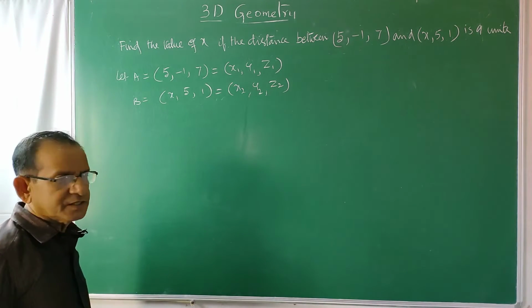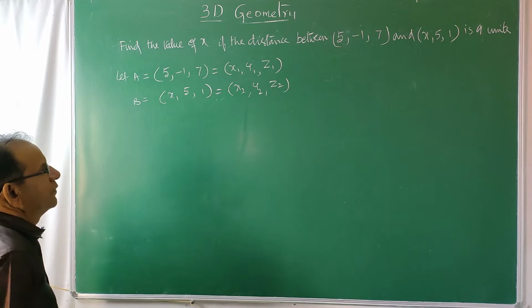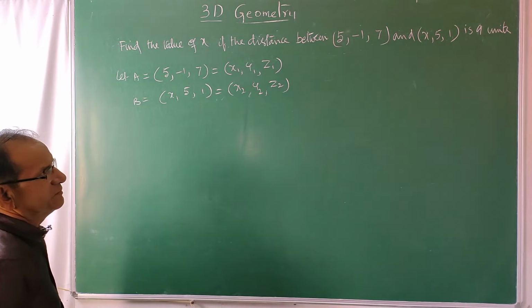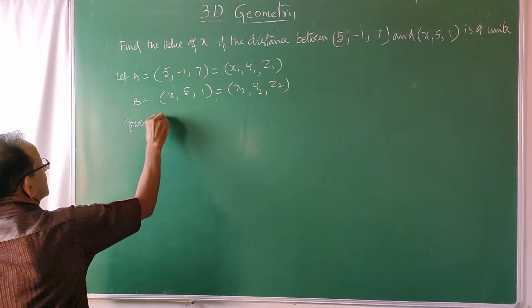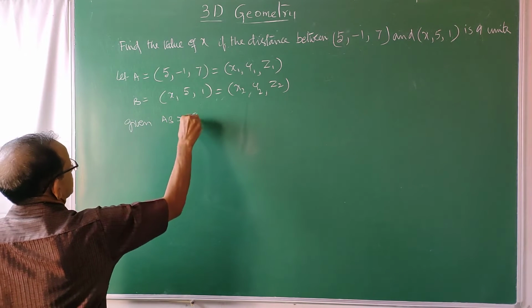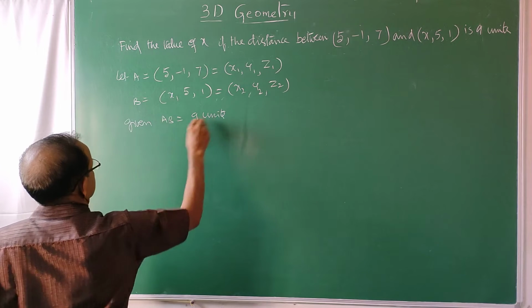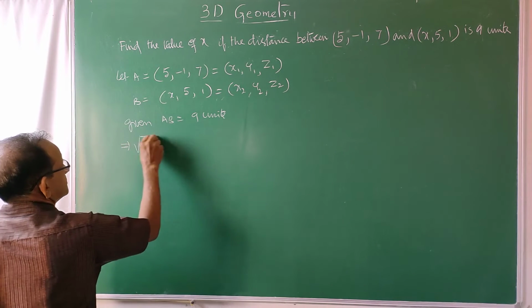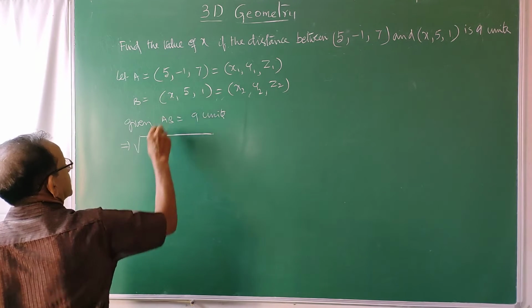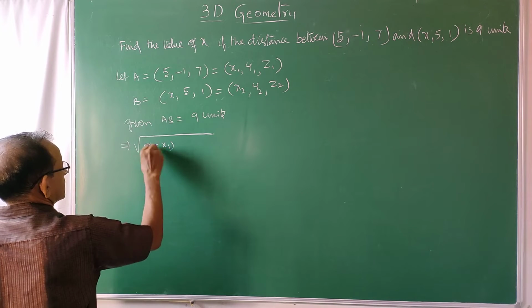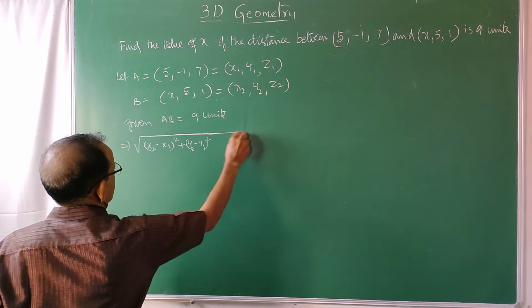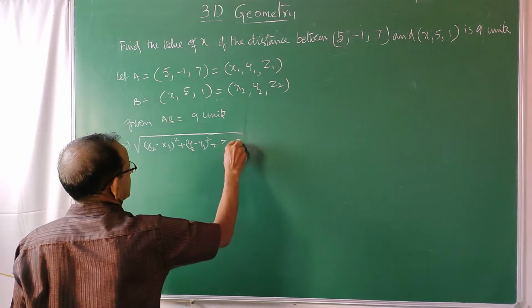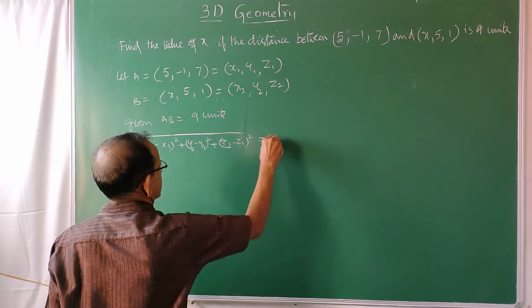Given that AB is equal to 9 units, the distance between A and B is the square root of (x2 - x1)² + (y2 - y1)² + (z2 - z1)², equal to 9.